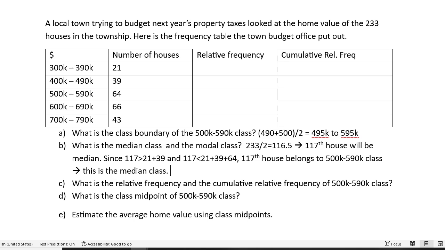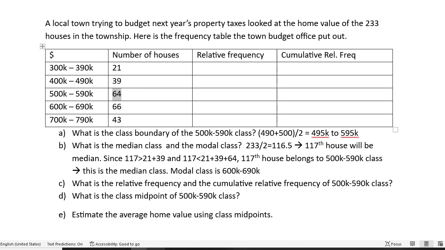On the other hand, the modal class is simply the class with the highest frequency, which is this one, 66, right? So the modal class is the 600K to 690K. All right, what is the relative frequency and the cumulative relative frequency of this class? Well, the relative frequency means you want to know the proportion this class has out of the 233.